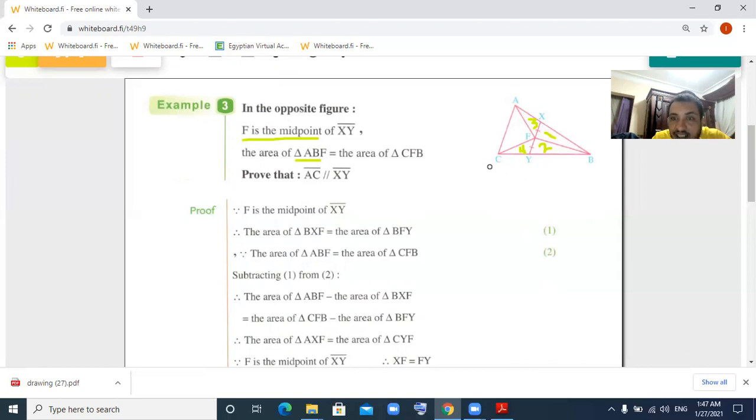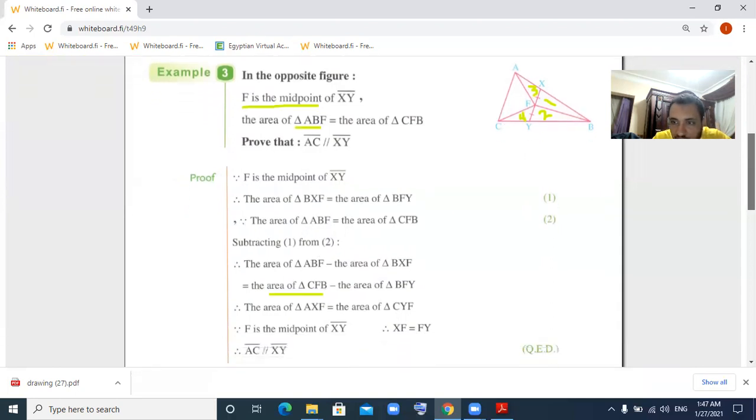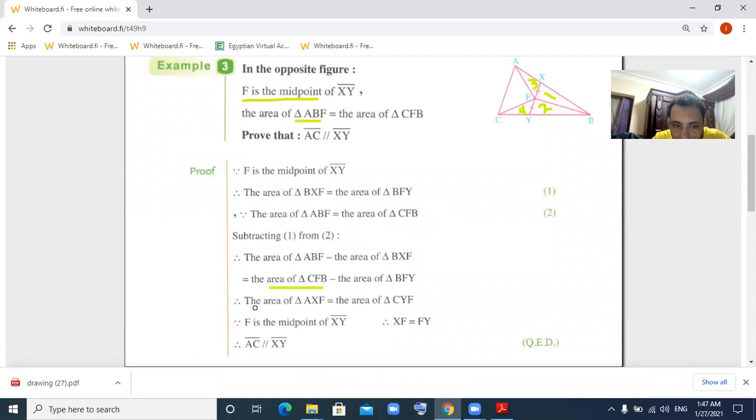It means the left will be the area of triangle AXF, number 3, equal to the area of triangle CYF.